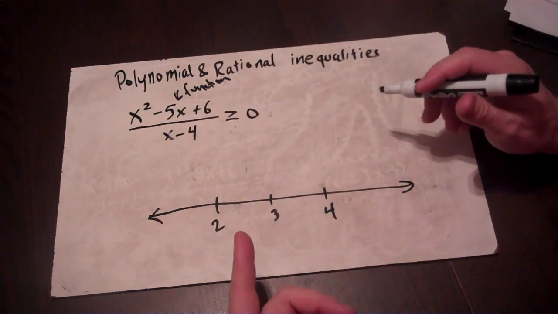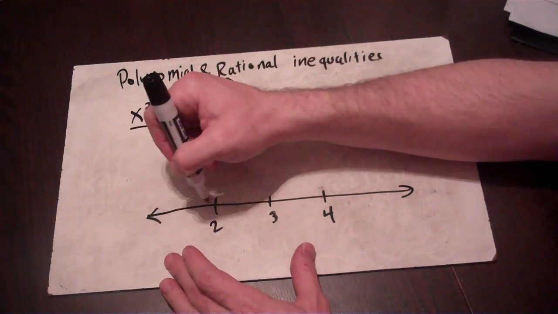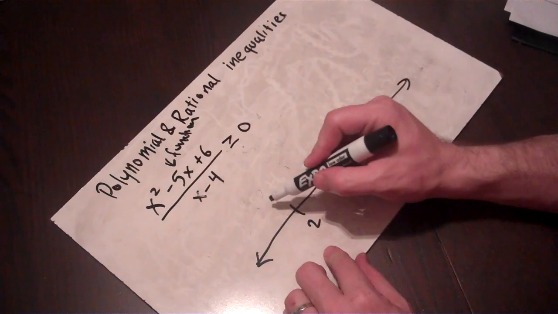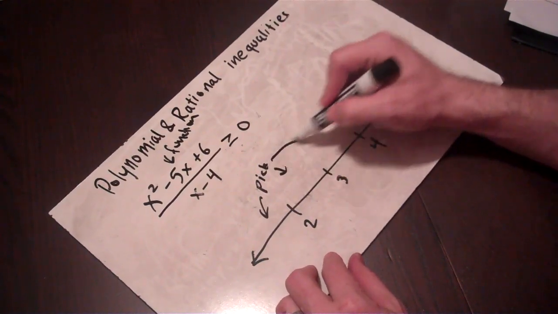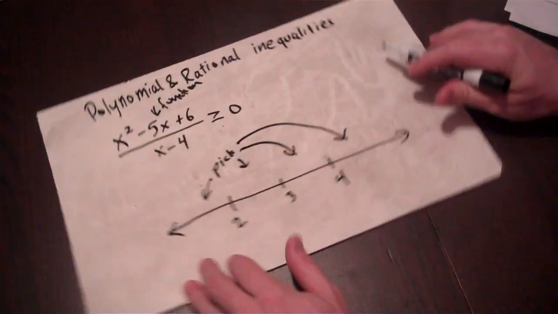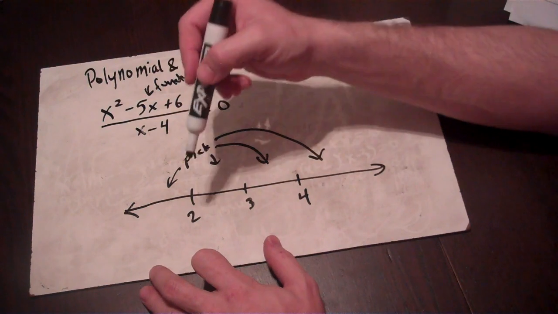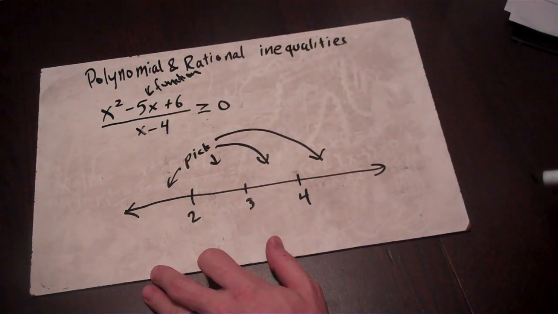So what we do then is we know that if it's staying above the x-axis right here, we should see that by plugging in a value. So we're going to pick values in each of the intervals and see whether or not this segment is above the x-axis or below it, and so on and so forth.